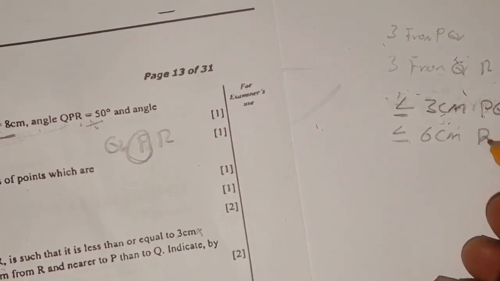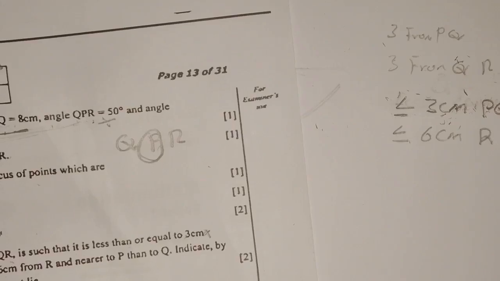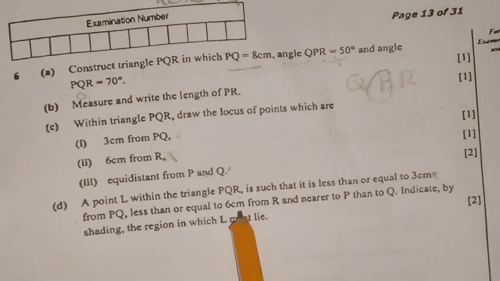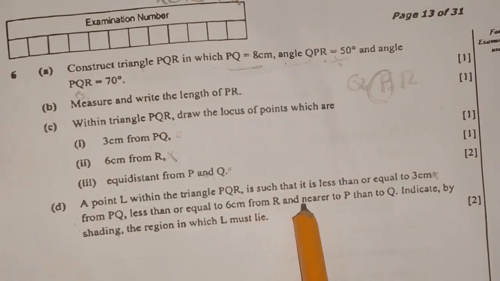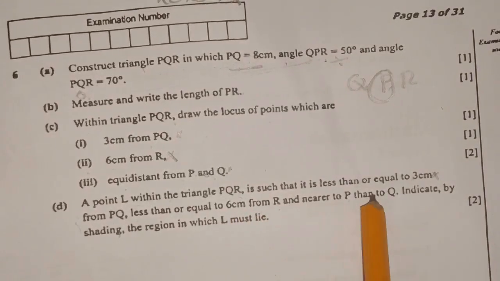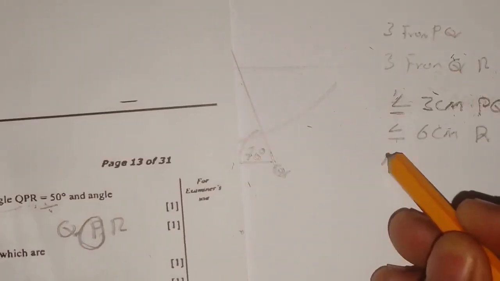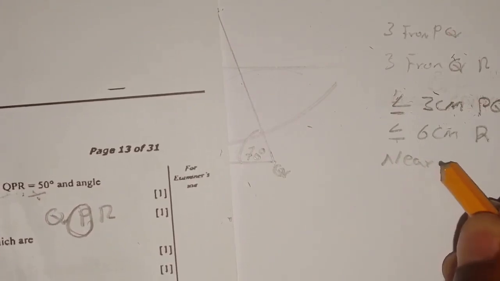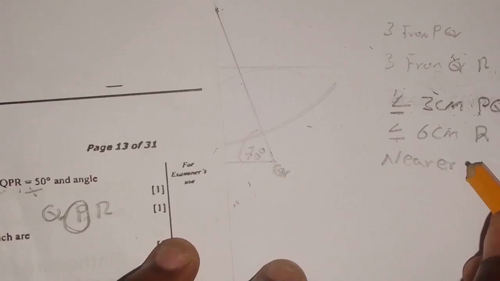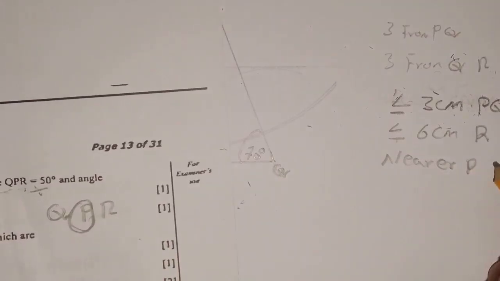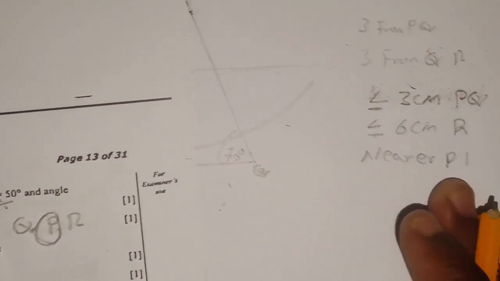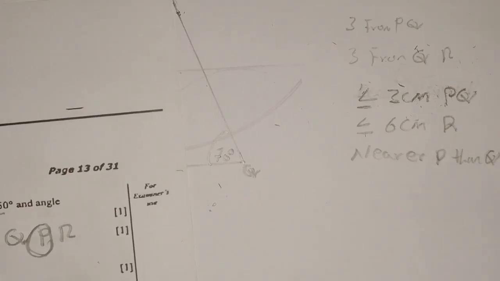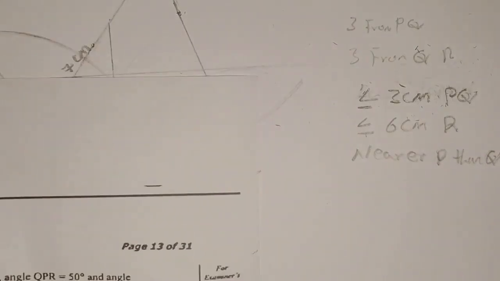If you need to get this correct, make sure that you take note of every point that they have mentioned. So I've written this, and from R and nearer to P, so nearer to P than to Q. These are the points that we have taken note of.